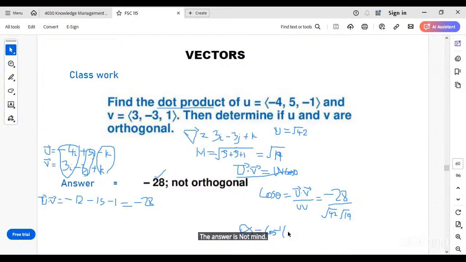Theta is not 90. Since theta is not 90, it means that it is not orthogonal.